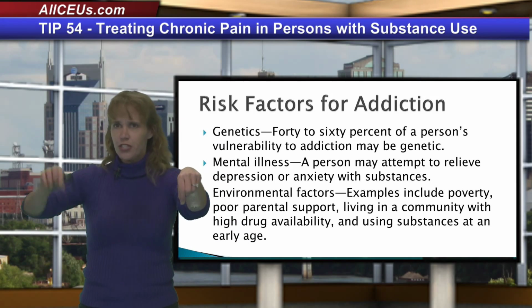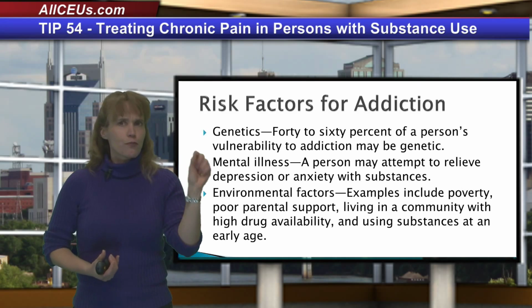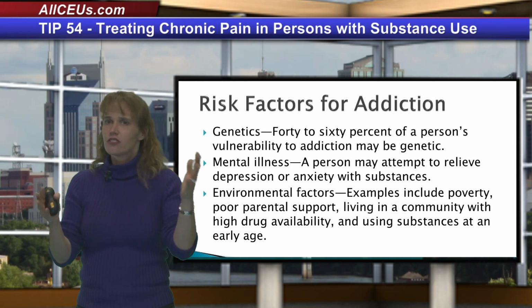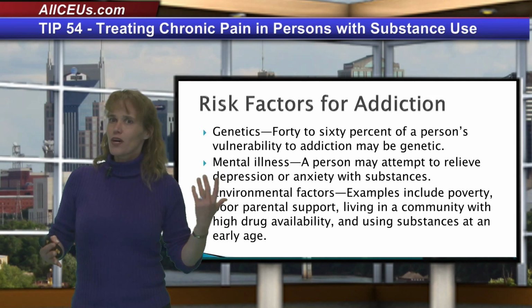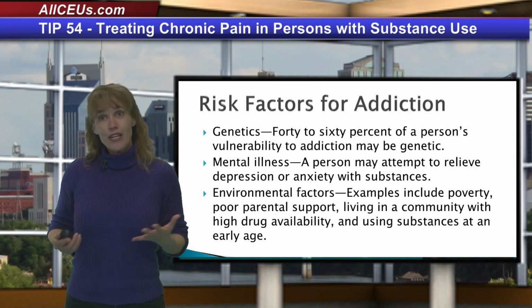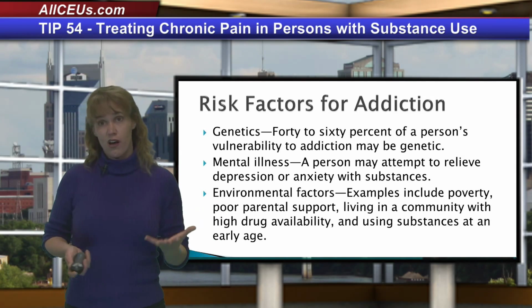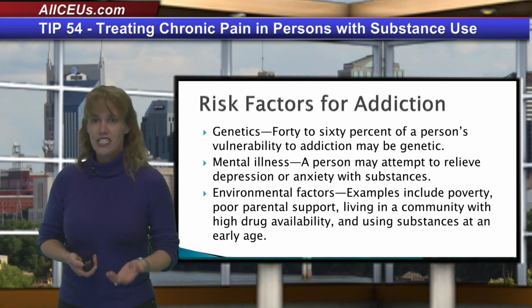None of these can we prove a one-on-one causation. If you've got this gene, you're going to become an addict. If you're depressed, you're going to become an addict. We can't do that. We haven't figured out what exactly causes addiction. But we do know there are some things that are more common in people with addictions.